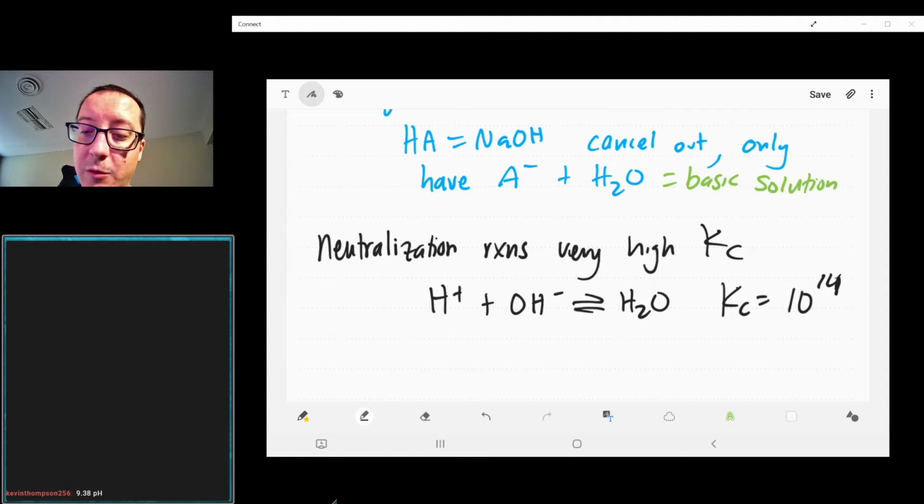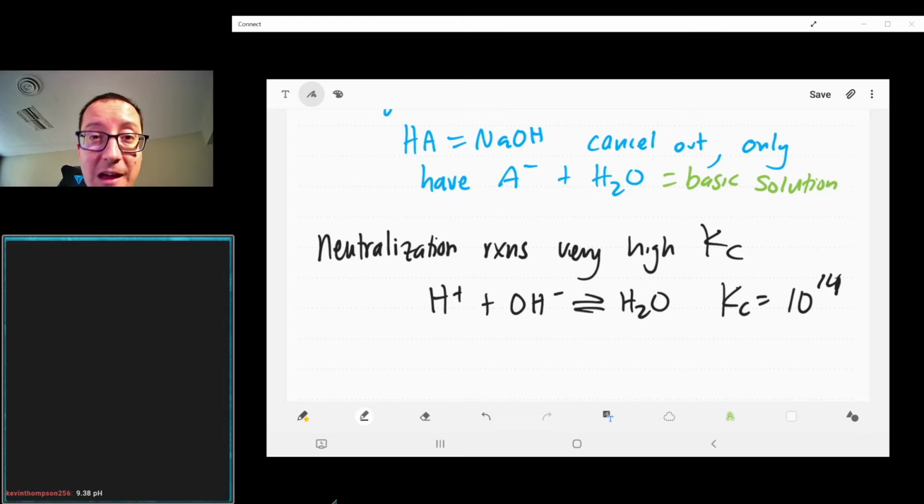So we don't really need to worry about other effects happening here. So the neutralization will always take place. We're not going to have to worry about the ionization of the acid or anything similar, because the Kc for neutralization is very, very high. Very, very product favored.